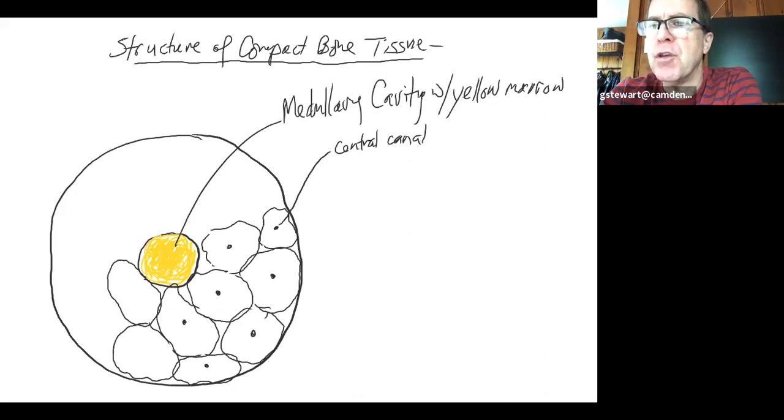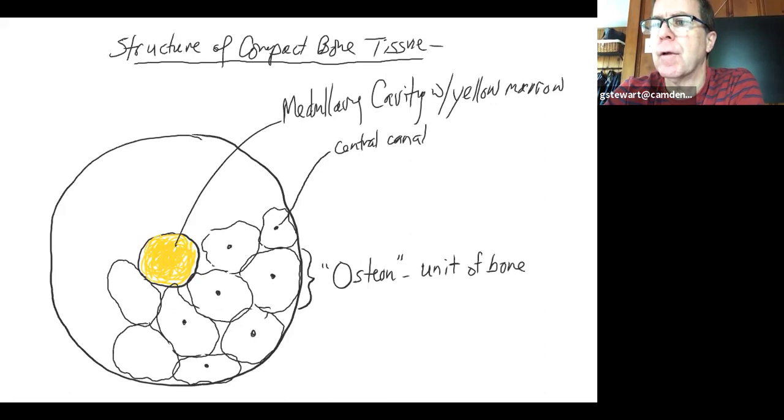This growth unit is called an osteon. An osteon is a unit of bone tissue growth in compact bone.